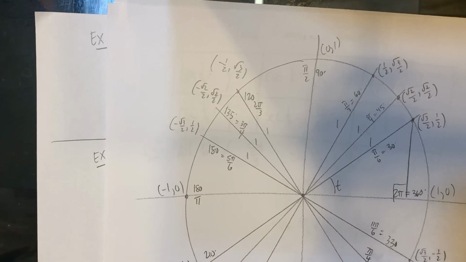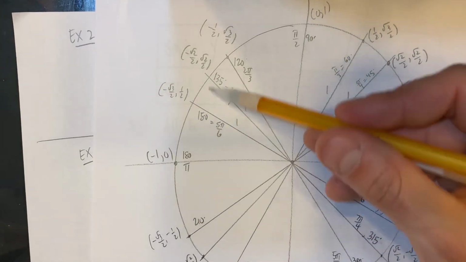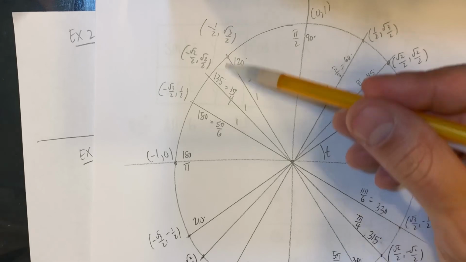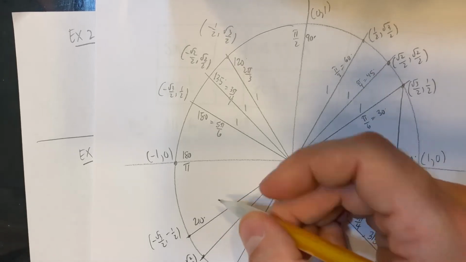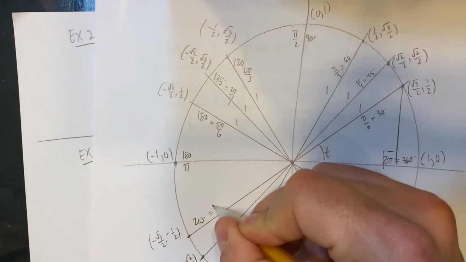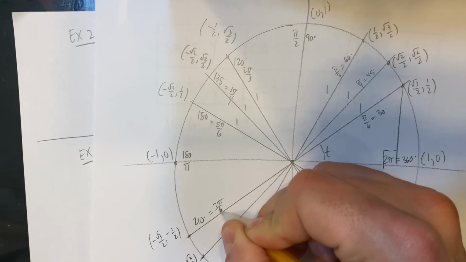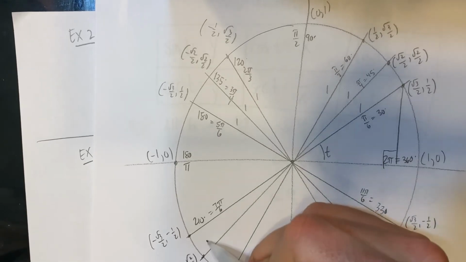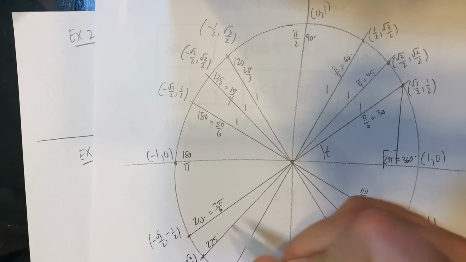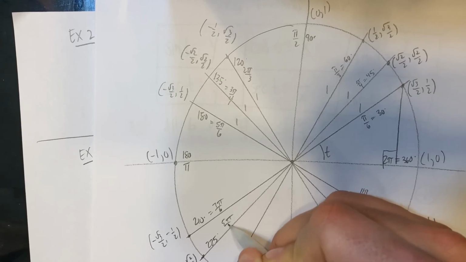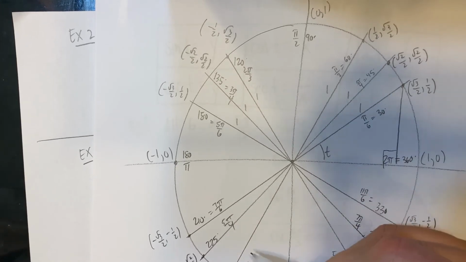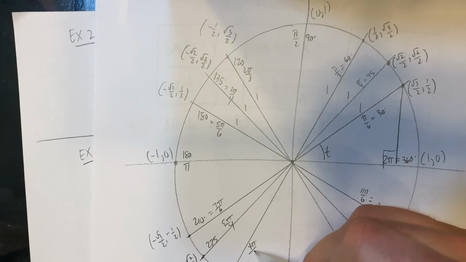If you're going to have a negative angle, you're going to flip up or flip down. Never flip side to side. If I find 210, which by the way is equal to 7 pi over 6, I don't have this labeled on my circle. This one's also 225, which is 5 pi over 4. I don't have that labeled. I guess this is 8 pi over 6 or 4 pi over 3 here, okay?